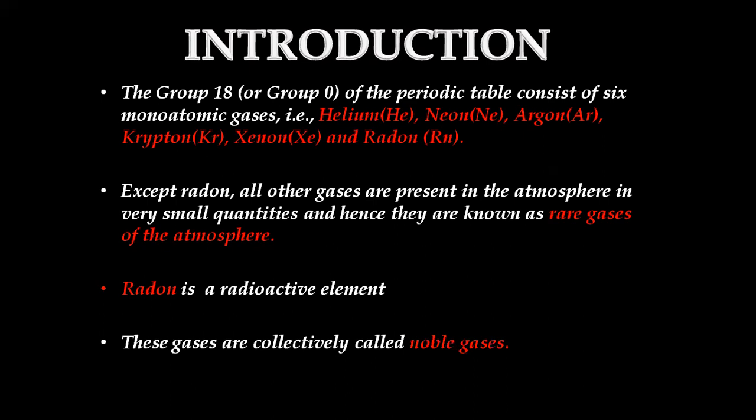These gases are collectively called noble gases, as I have already told you. Now the question is why they are called noble gases. They are also known as inert gases, but noble gas is the correct name instead of inert gas. Before, we used to call them inert gases because they had no reactivity. It was found that they don't react with any other chemical substance. Later on, it was found that some of the noble gases do react.